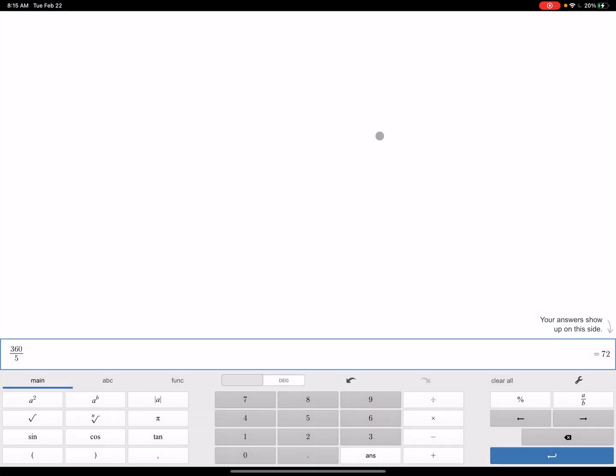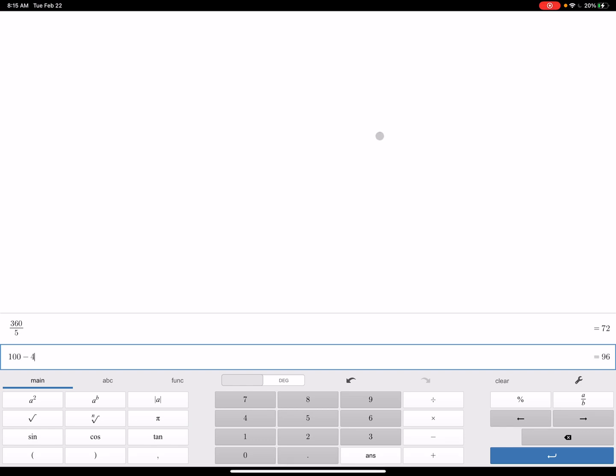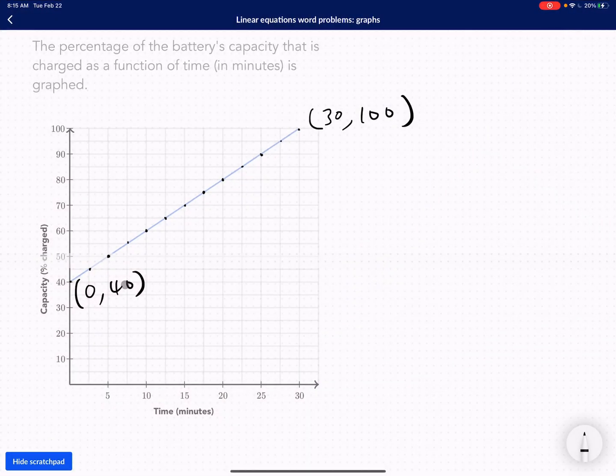We just subtract the two numbers: 100 minus 40 gives us 60. This is my y, and this is my x. My y has to do with the capacity charged, and x represents time. So it went from 40 to 100%, which is a 60% difference.